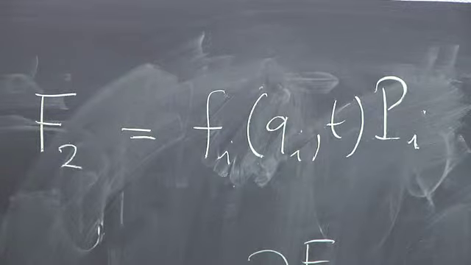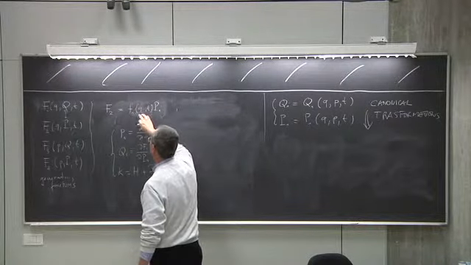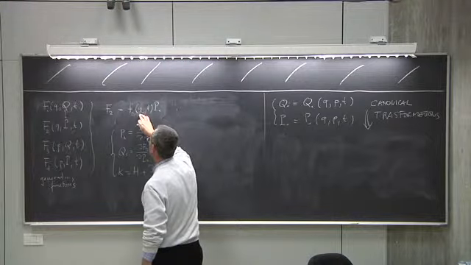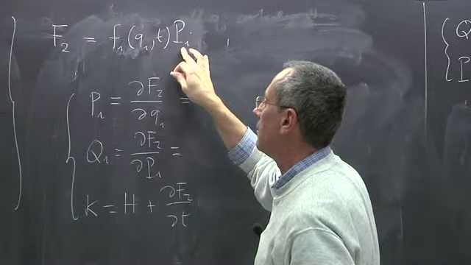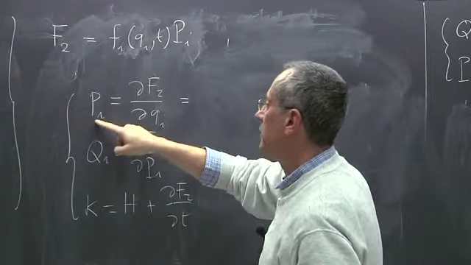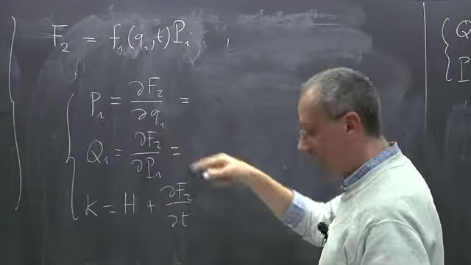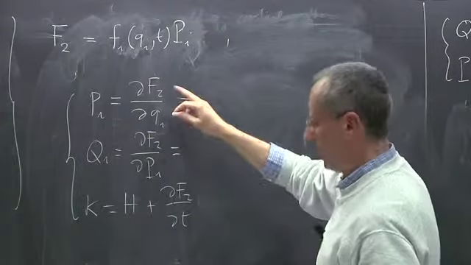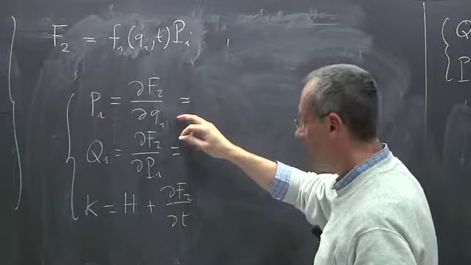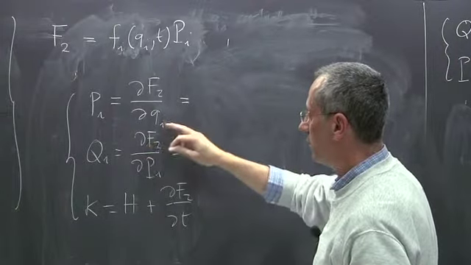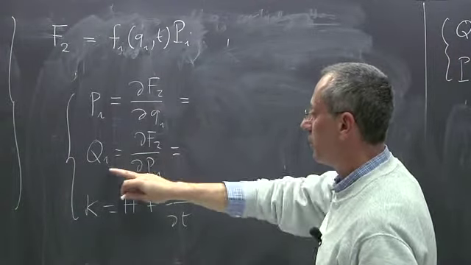Right? So I take F2 to be just any function of the little q's, a different one for each i, and then I multiply by big P. So what is pi? It's not 0. It's dF by dq times big P. Yeah. So the most interesting is this one, right?